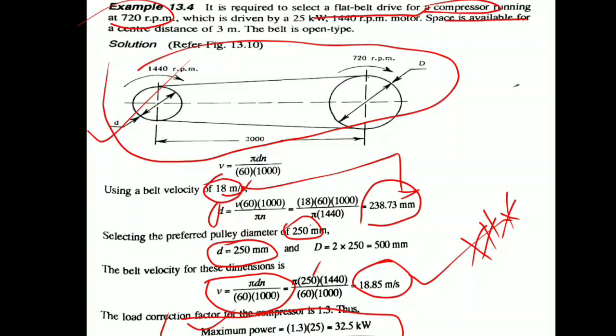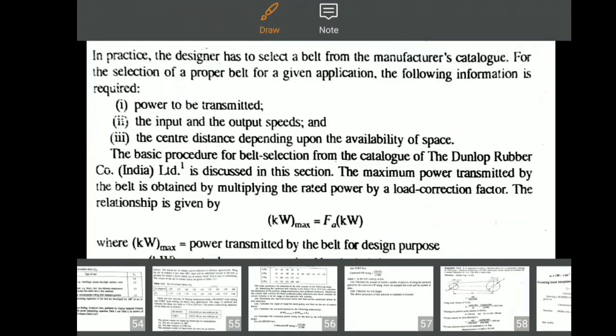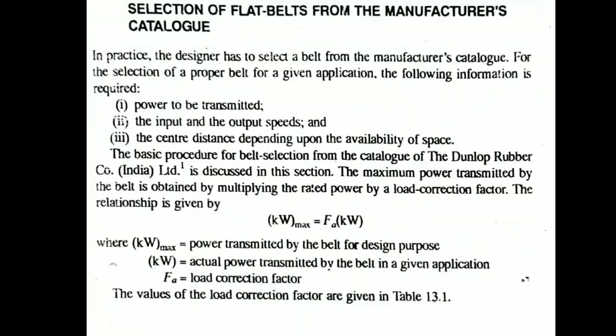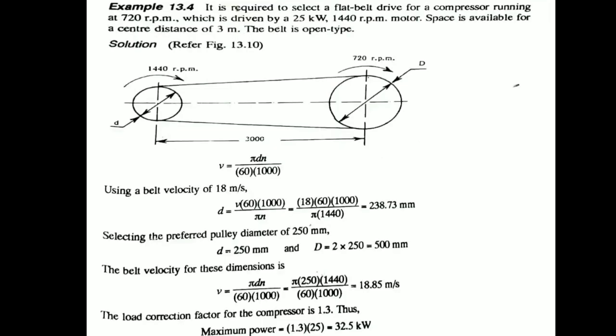I'll repeat the step. See what we did. We must know the diameter, right now we don't have it, correct? So to calculate that diameter, the velocity equation we know, v is equal to pi dn by 60. We need to assume the velocity as per the assumptions, so we assumed 18 meter per second. For that velocity, the diameter is 238, which is not possible to maintain.